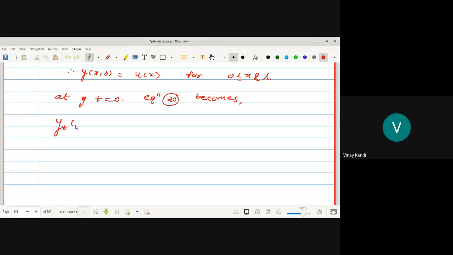So we get yt of x0 is equal to summation vn into sin of n pi x upon l. ओके, म्हणजे हा काय तुमचा कॅपिटल V of x, फ्रॉम 14 हा.